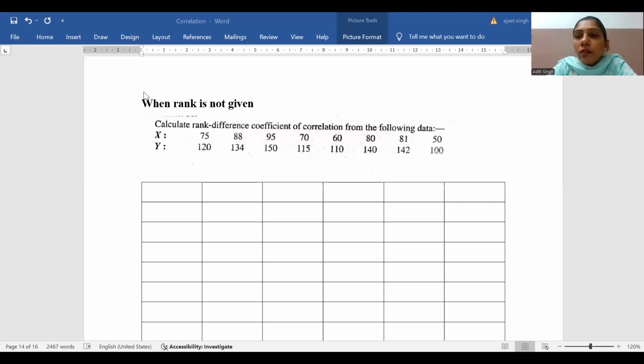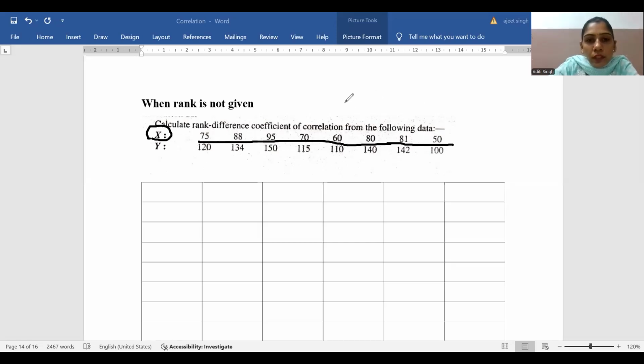So we give rank 1 to the highest number in the given series. Let's assume in variable X a series is given, and for assigning rank we will consider descending order.